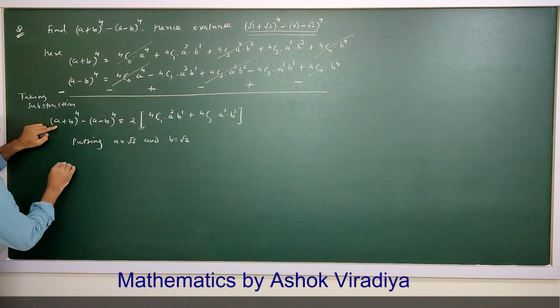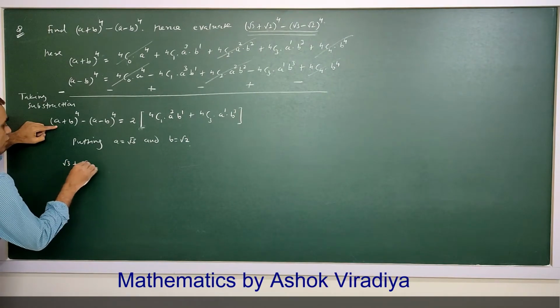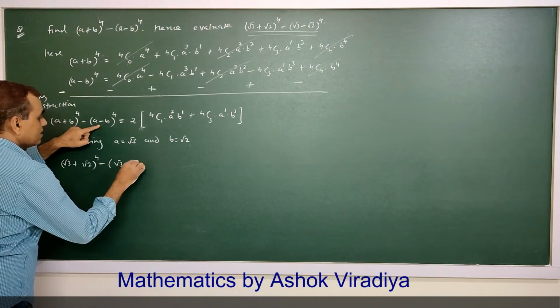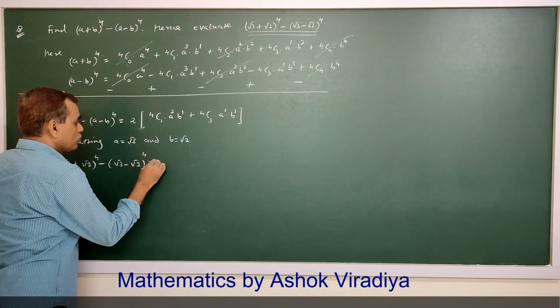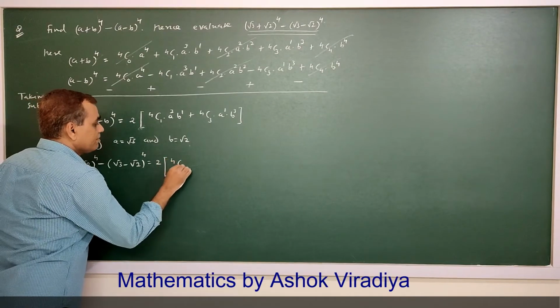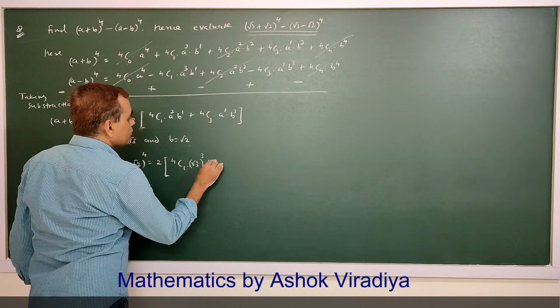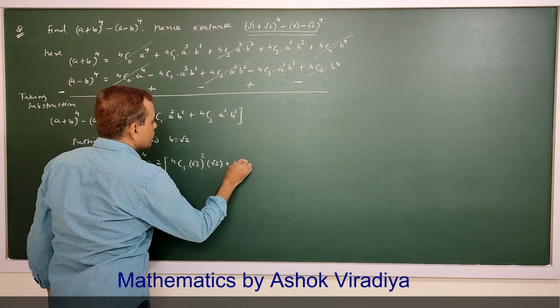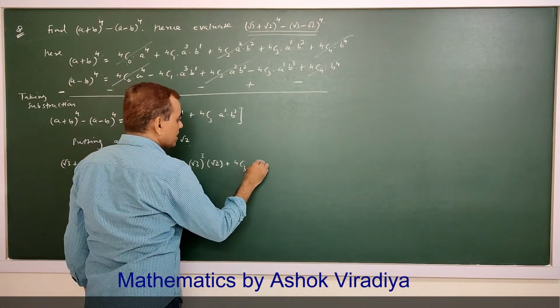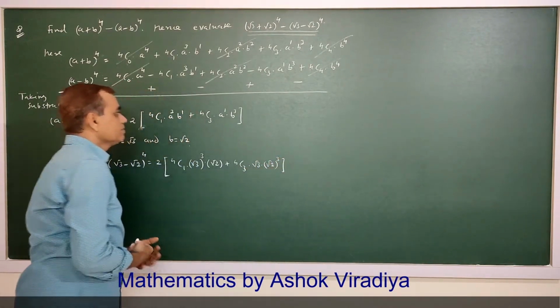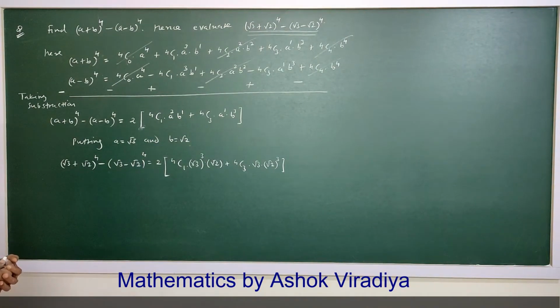So putting a equal to root 3, b equal to root 2 everywhere. A is root 3, b is root 2.